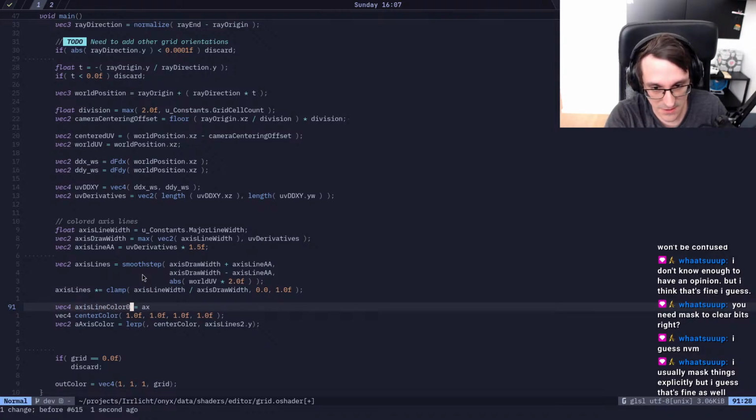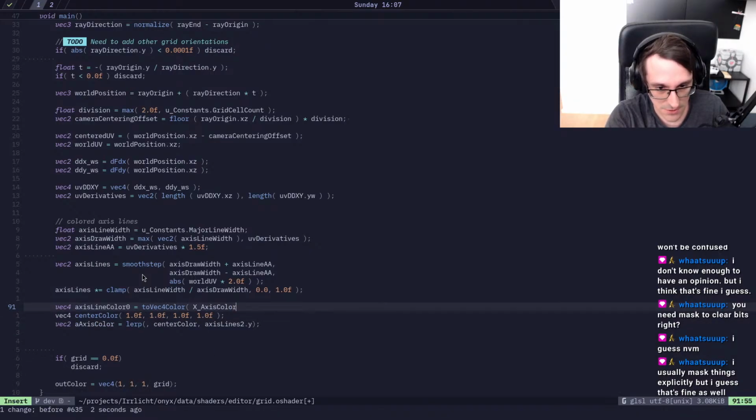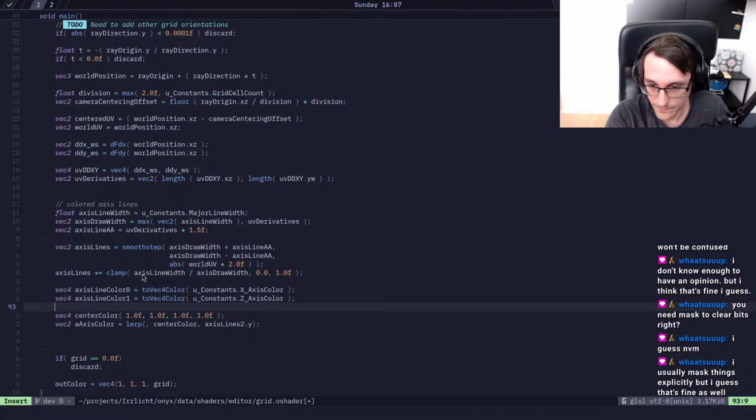Let's do axis line color 0. Let's do X. So that would be that.